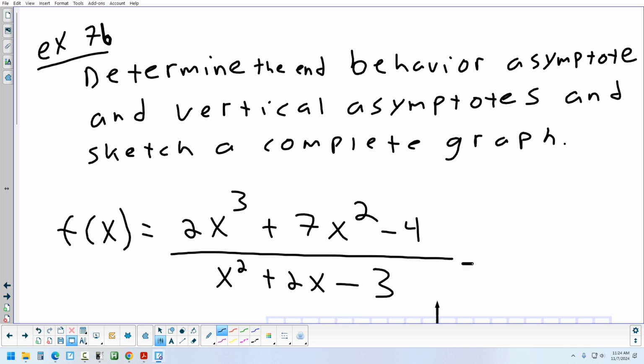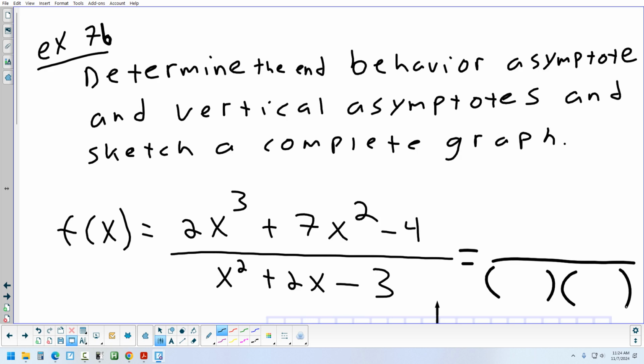In order to find the vertical asymptotes, what are we going to want to do with the denominator to make that easier to see? Factor, yes. So we definitely want to factor the denominator.